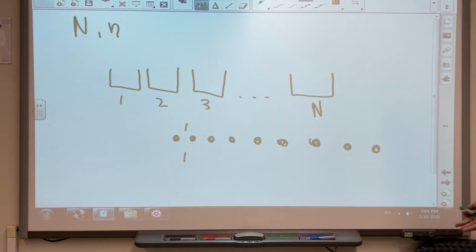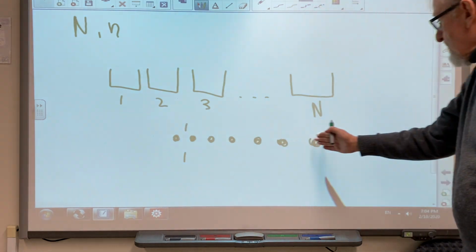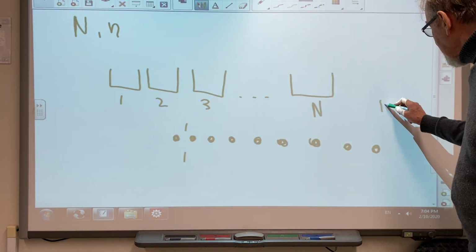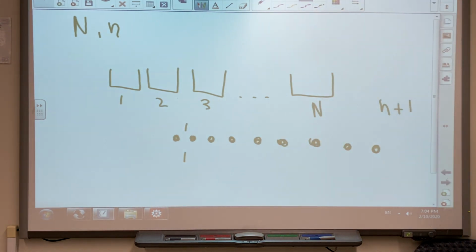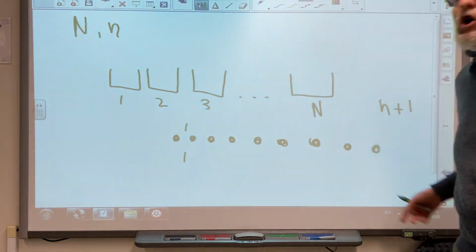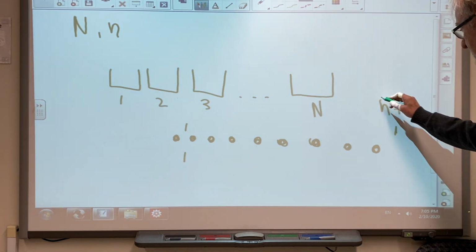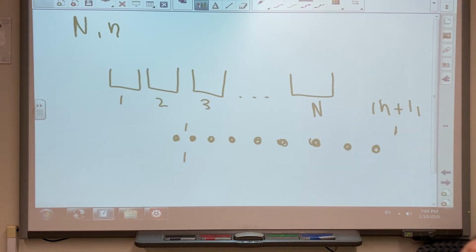So it's the number of ways I can choose one line among these. I pick n plus 1 spaces, the n little balls and this one, and I find where among these n plus 1 I can pick my 1. So it will be n plus 1 choose 1, which is n plus 1.